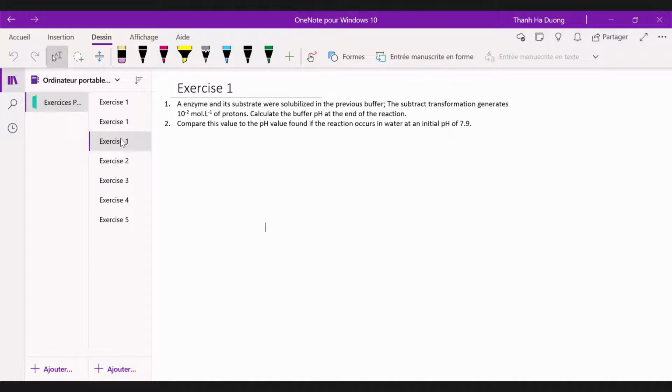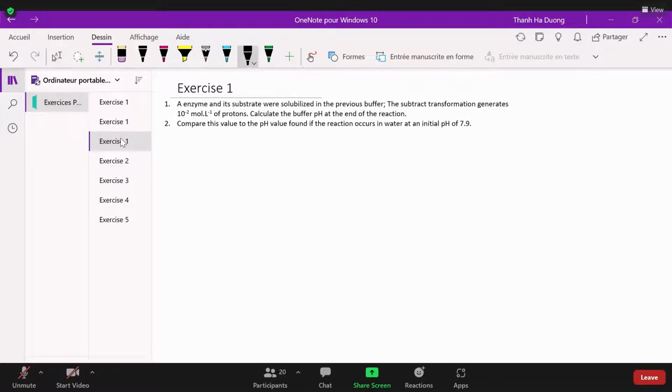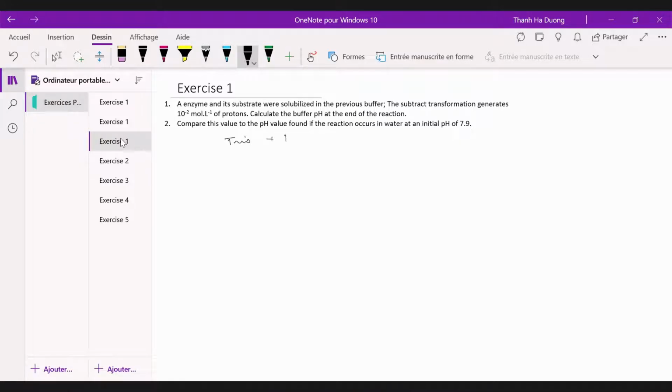So we need to calculate the pH at the end of this reaction. So what happened? You always have this reaction, tris plus H plus gives tris H plus.